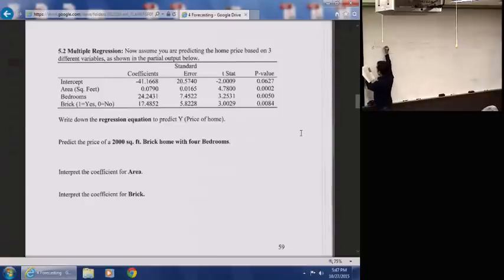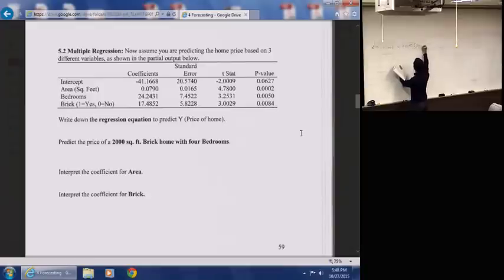negative 41.1668, and then plus, you go look at the coefficients. Just ignore all these other parts. Just look at the coefficients, okay? So it's going to be plus 0.0790 multiplied by area.